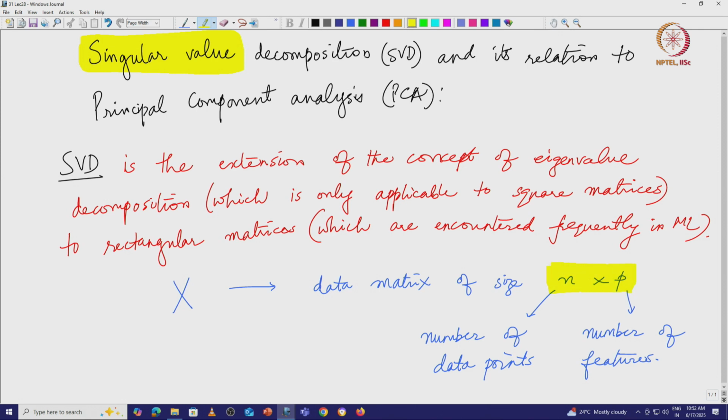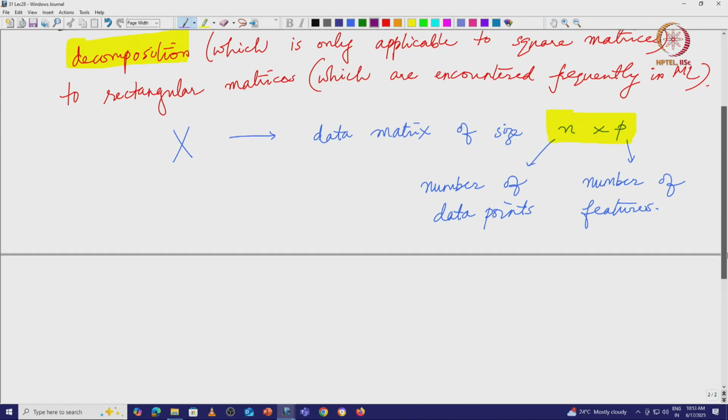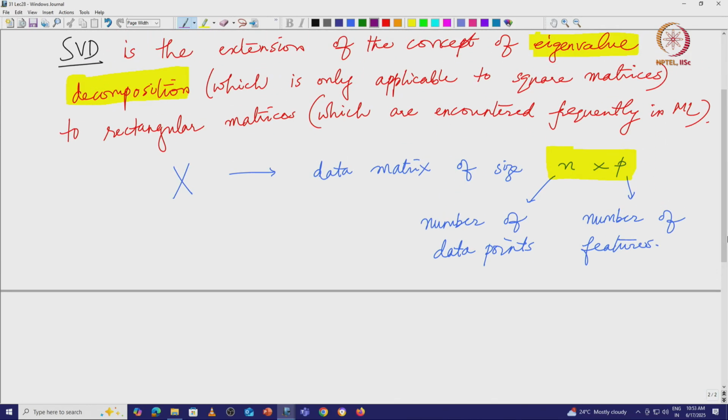For this matrix X to be square, n should be equal to p, but obviously in ML the number of data points is usually much larger than the number of features. So, then you do not have a square matrix. The concept of eigenvalue decomposition, which is only applicable to square matrices, cannot be applied here. We are working with rectangular matrices instead, because n is not equal to p, and therefore we need a different concept which is essentially singular value decomposition. Let us go ahead and understand what this means.